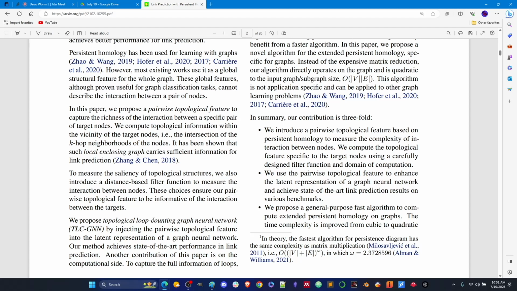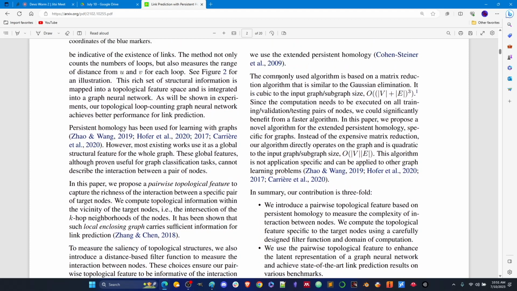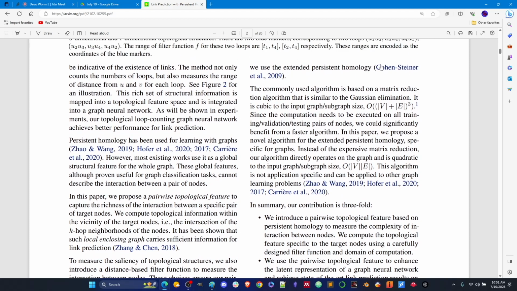We propose topological loop counting graph neural networks, or TLC-GNN, by injecting the pairwise topological feature into latent representations of the graph neural network. And so this achieves good performance computationally, and they use extended persistent homology.